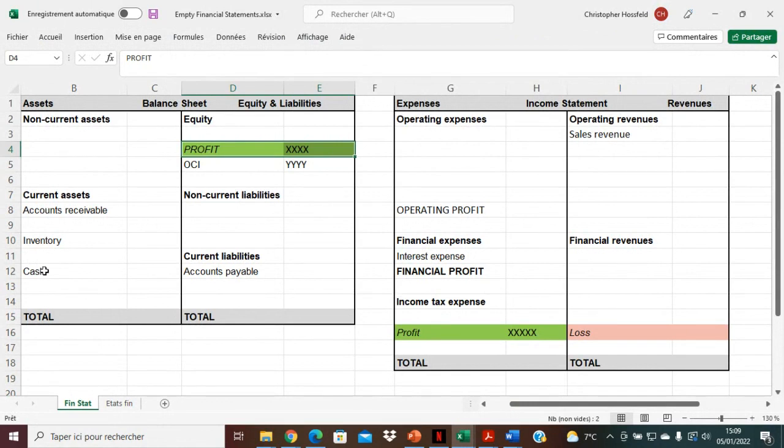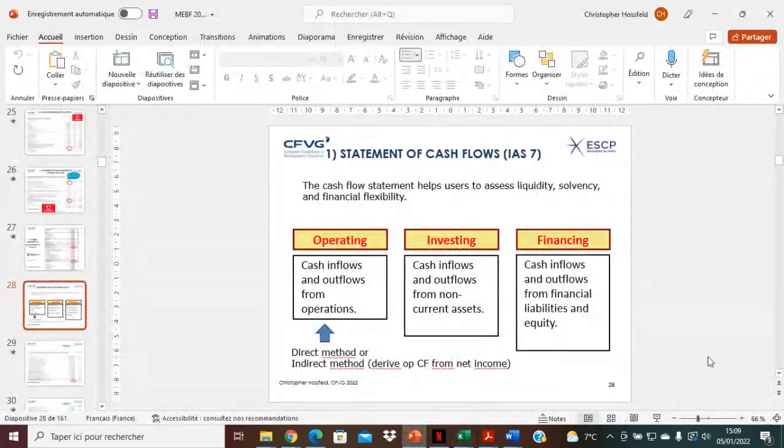Well, the cash flow statement similarly is just an explanation of how I got to this final cash number that I see in my balance sheet. So the cash flow statement is a separate table just explaining this cash position that I have. Okay, so the income statement explains the profit position. The cash flow statement explains the cash position that I have at the end of the year.